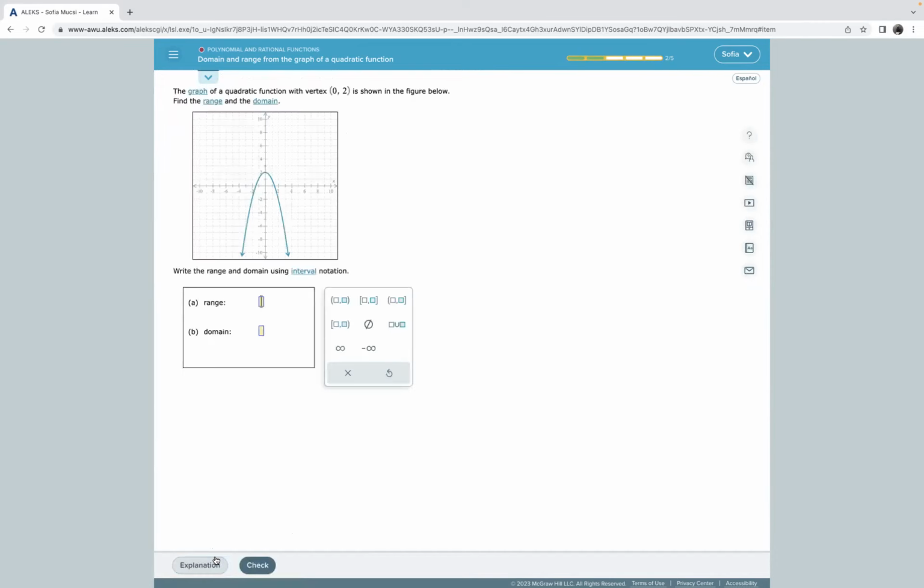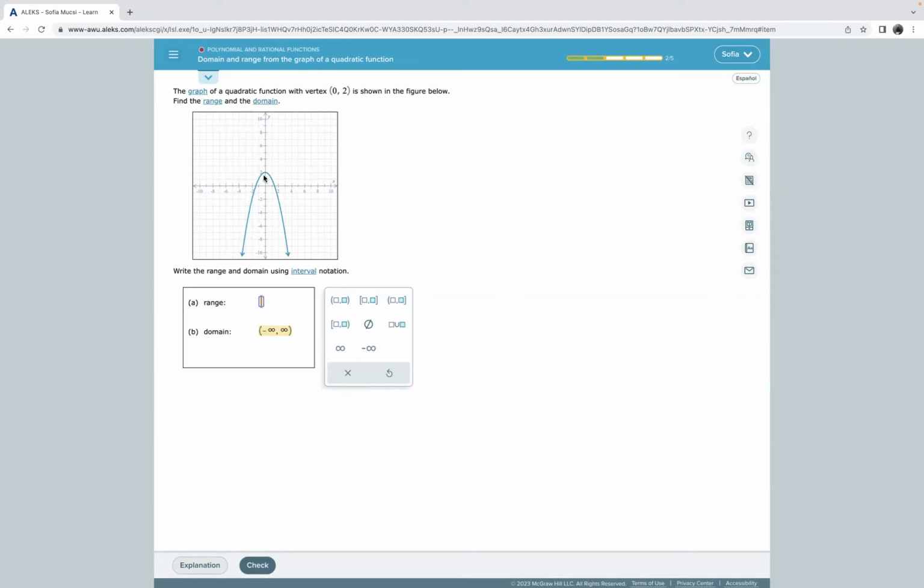Okay. I think you also had them reversed. Flipped, yeah. Do the domain first, minus infinity to positive infinity. And then the range for y is 2. So you start from the min though. The min is down at minus infinity.